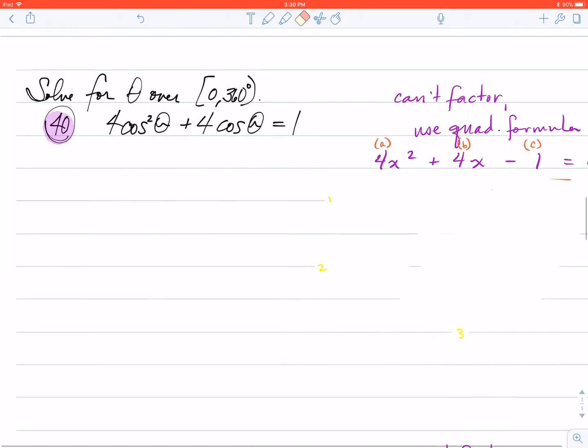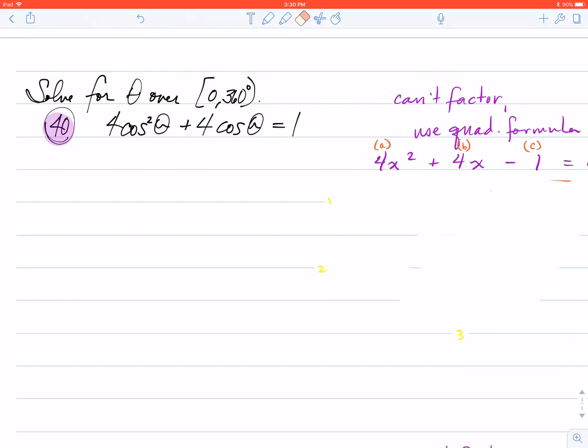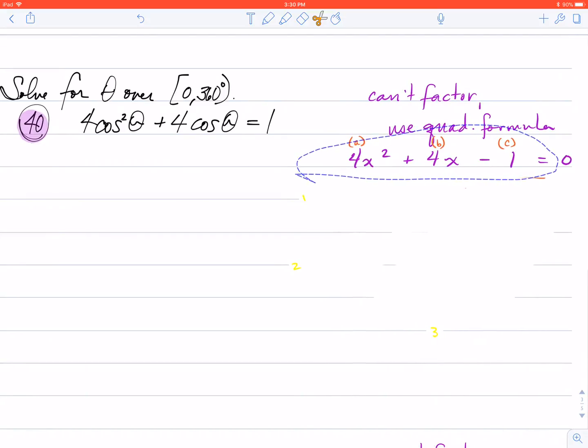However, when we look at number 40, there's no possible way that I can factor this one. Now, notice that I've taken the trigonometric equation and I've rewritten it using x's instead of cosines. So I have 4x squared plus 4x minus 1 is equal to 0. And I'm going to use my quadratic formula on this since factoring is not an option.